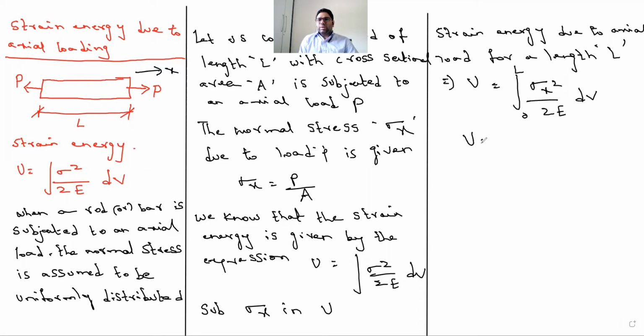That means U is equal to integral 0 to L of P square by A square into 2E into dV.